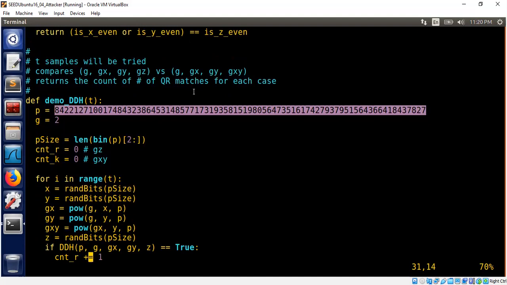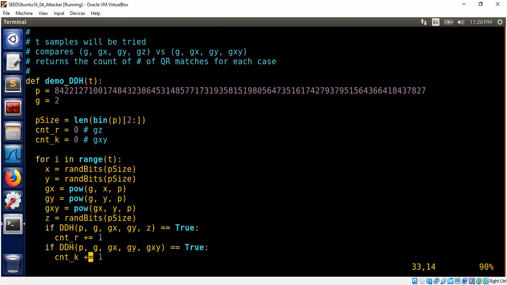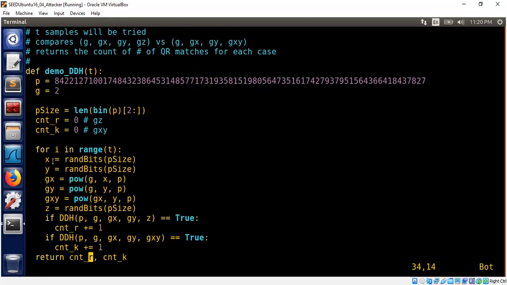All I'm doing is generating random numbers X, Y, computing G power X, G power Y, G power XY, and also picking a random Z. I'm calling the DDH algorithm, feeding it G power X, G power Y, and random Z in one case, and in another case feeding it G power XY. Then I'm measuring whether it was able to distinguish a random Z from a G power XY.